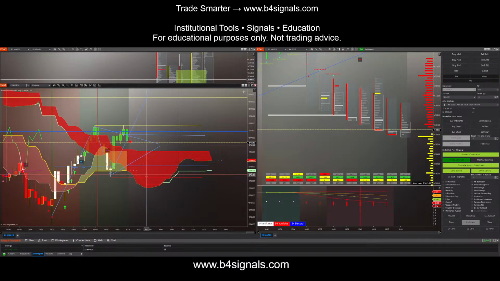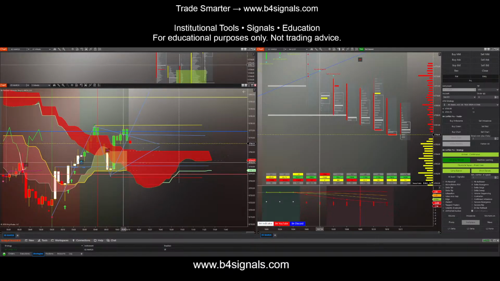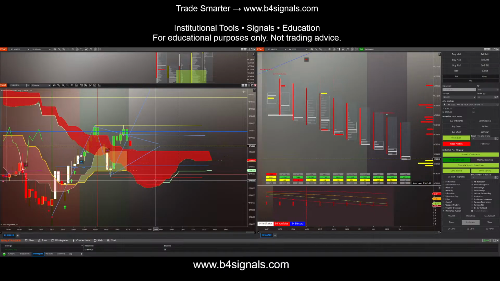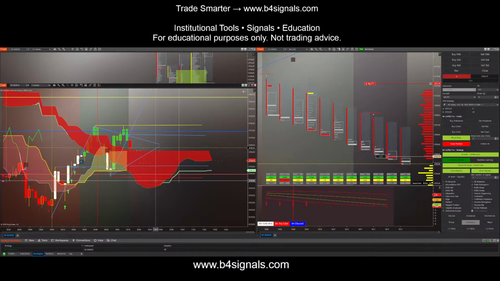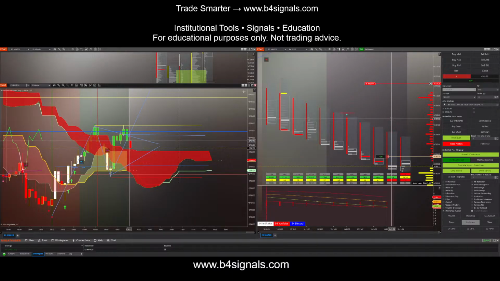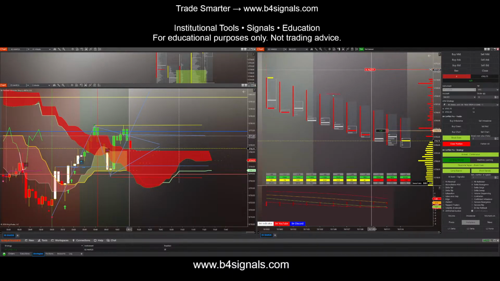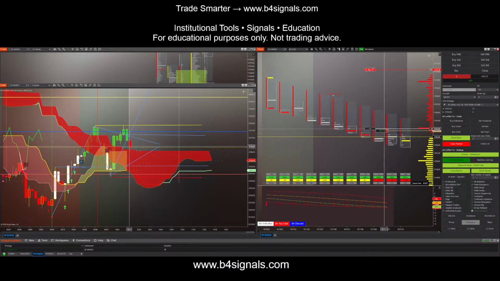with volatility. The difference between these lines that you see here and regular moving averages, order filled, is the fact that they are dynamic and they move with price action dynamically. On our lower B4 indicator, we still got a little room here.